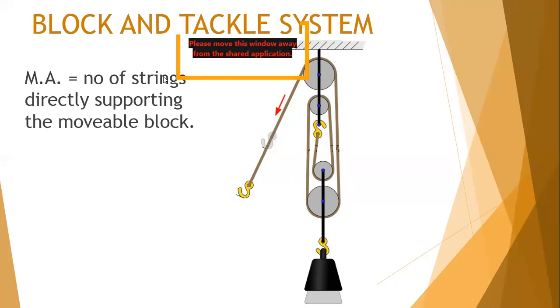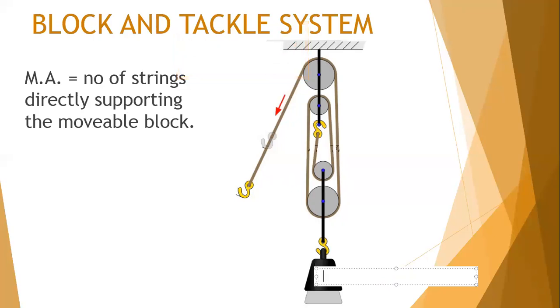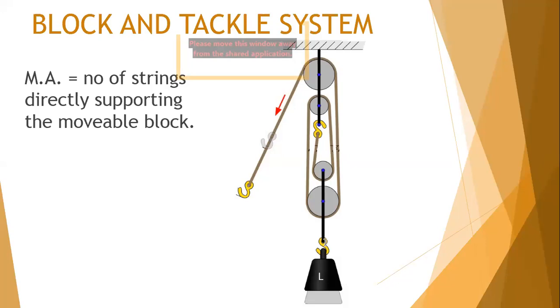Why? Because this is our load, and you can easily figure out that the load is connected only to the movable block. So we have to find out how many strings directly support the movable block.